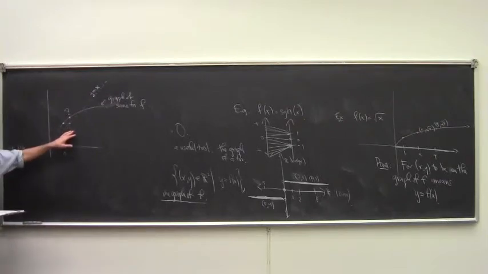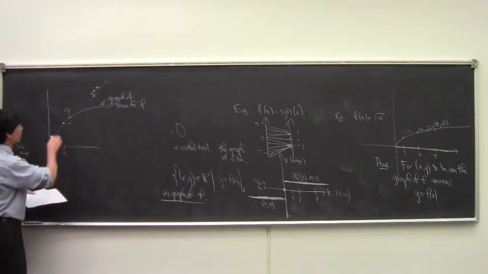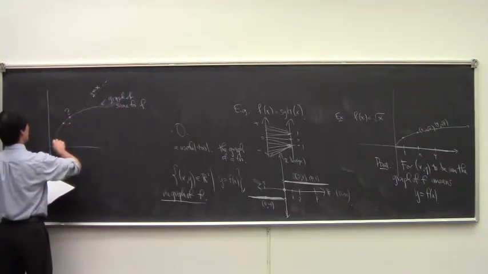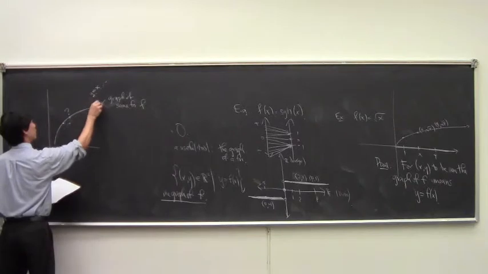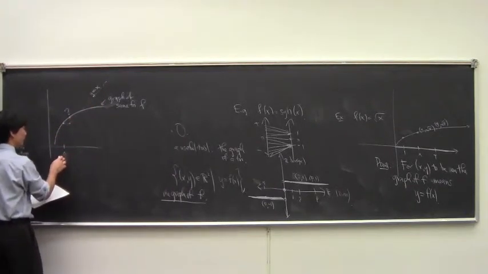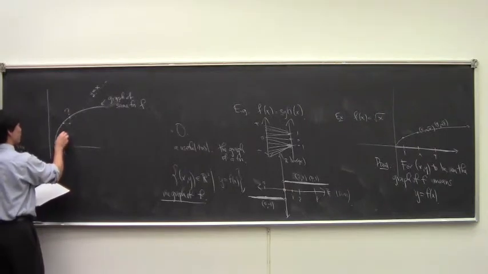Just to test if you're understanding what it means to be on a graph, here's a question that will make sure of that. Here's the graph of f. This line is y equals x, and you're going to start at some value a and go up perpendicularly until you hit the graph.